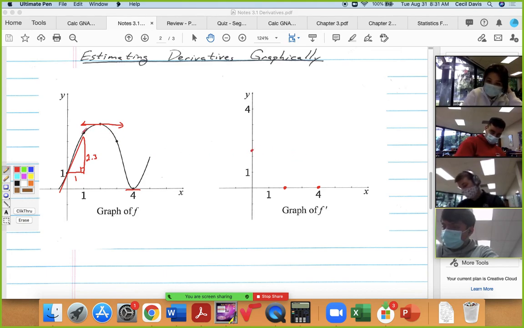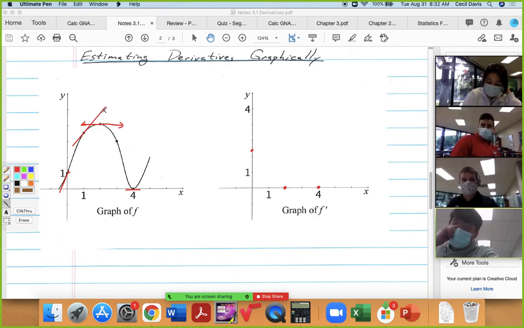And then here, I'll do the same thing again. I'll draw in a tangent line. And I'm going to erase this previous one because it's kind of in the way. So at this point, the slope, and it's really easy if you use a ruler on this or some other sort of straight edge.